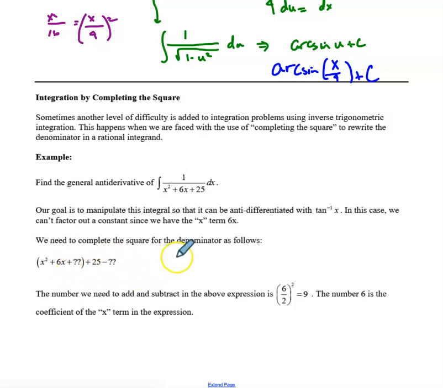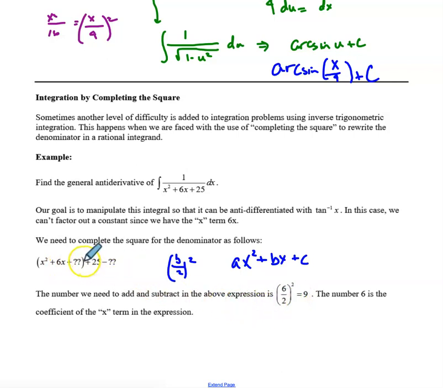Well, what number do we need to add and subtract? Recall that you always work with b over 2 and you square it when completing the square on a quadratic. That is when you have the standard form of a quadratic, ax squared plus bx plus c, so that your b value is the constant in front of x. In this case, we have 6 divided by 2, which is 3. We square it to get 9.